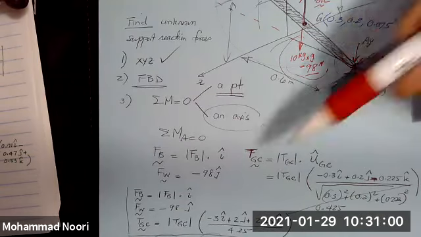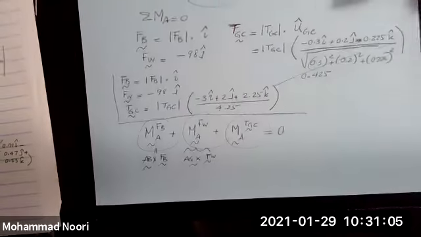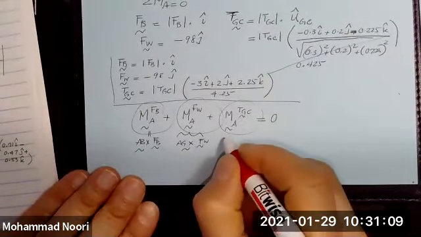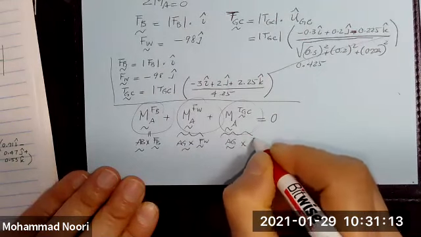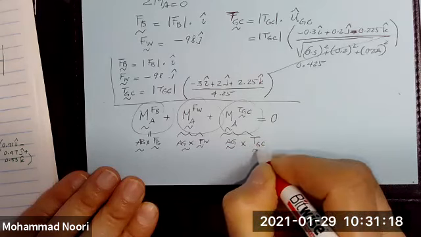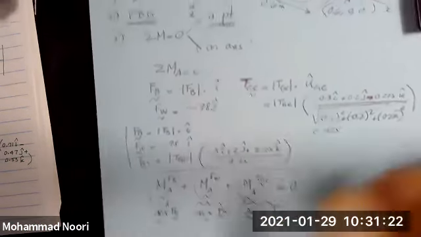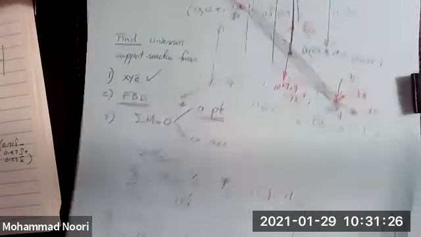The reason is I've already got AG for the other force, so I'm going to use the same. So this would be AG cross force of GC. So let's set these up. Okay, let's do step by step.